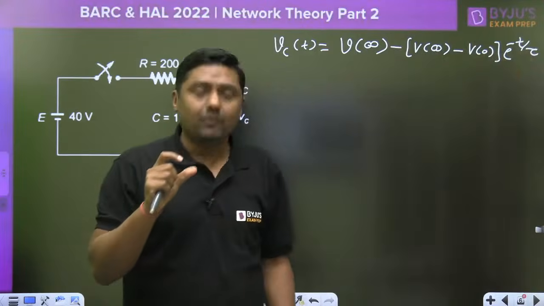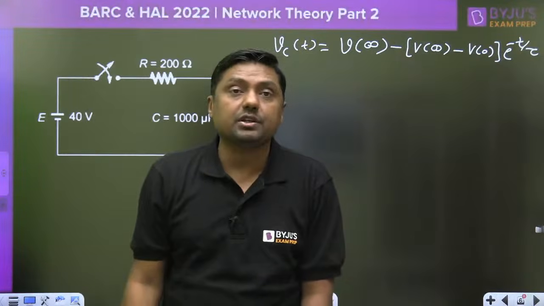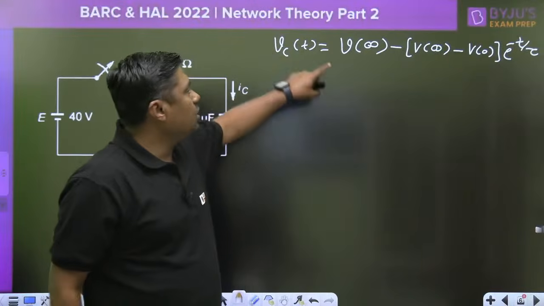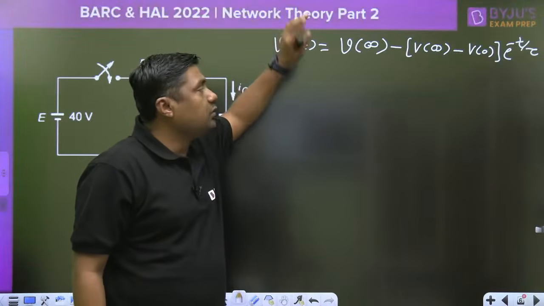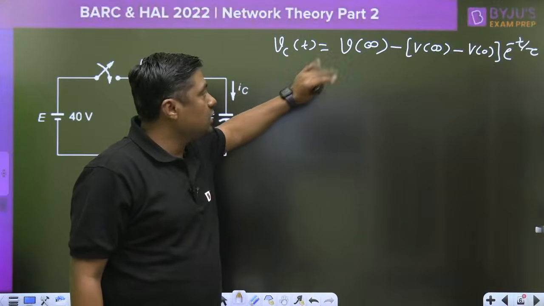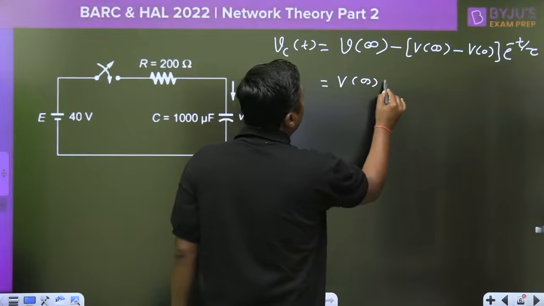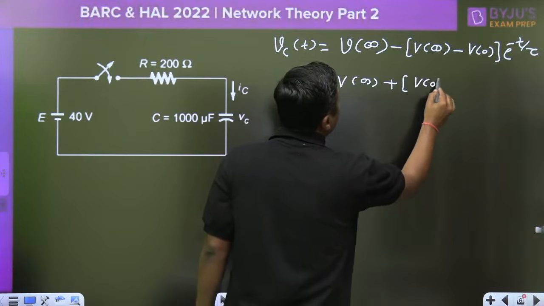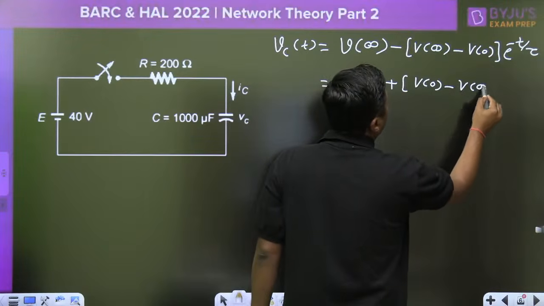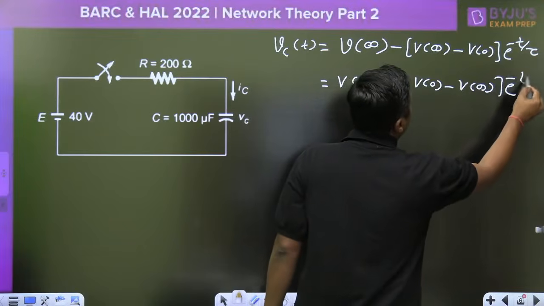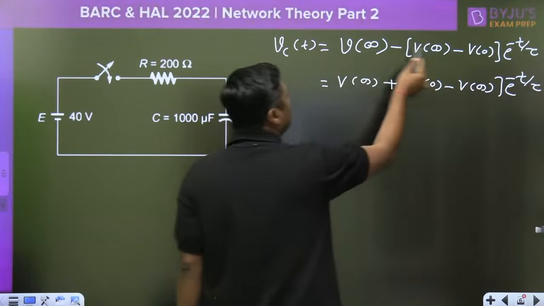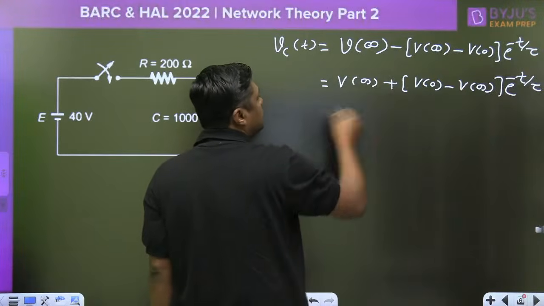V0 means the initial voltage across the capacitor, and V infinite is the value at t equal to infinite. Some students remember this formula as V infinite plus (V0 minus V infinite) e raised to power minus t by tau. It doesn't matter, simply take minus outside this bracket and you will get this answer.